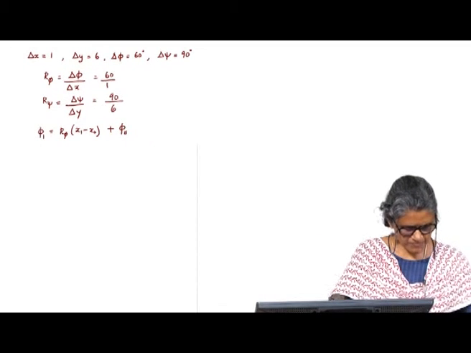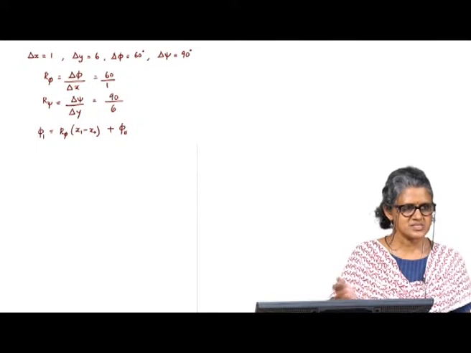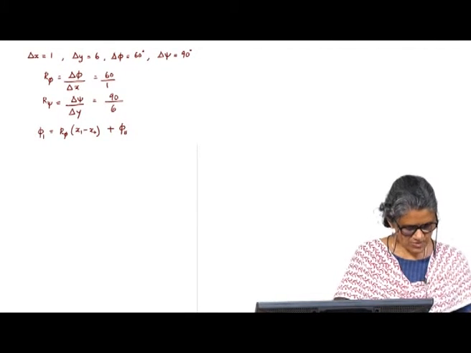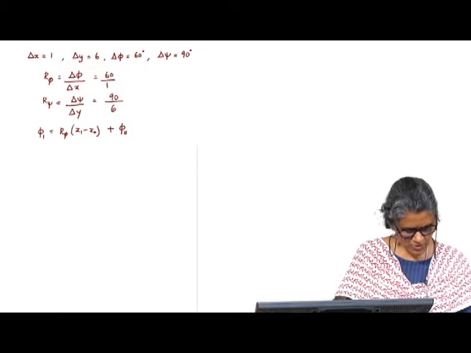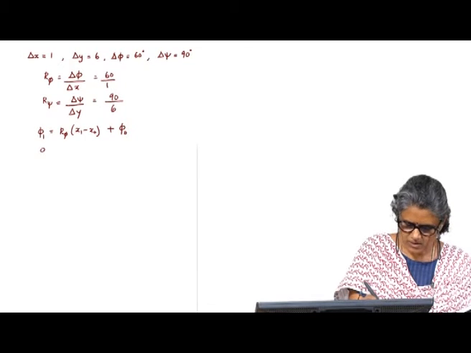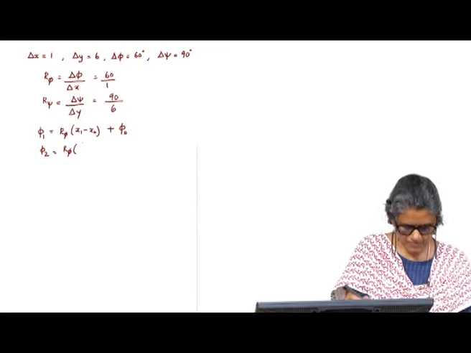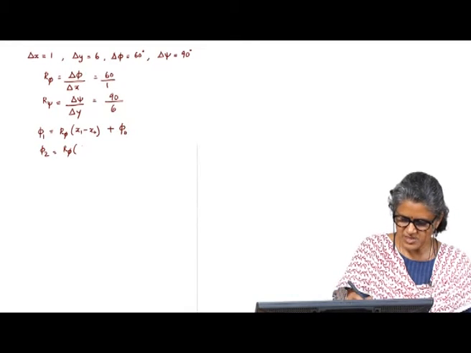So, the scale basically just gets shifted, the range does not change. Or I can just compute, I can choose phi naught to be 0.